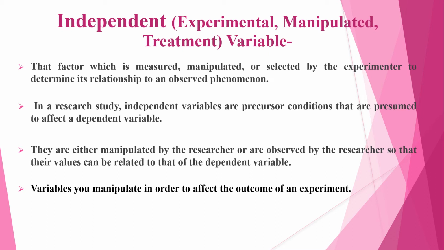So the independent variables are manipulated so that we can understand the effect of the independent variable on the outcome of an experiment. The outcome of the experiment tells us about how the dependent variable changes by treatment of the sample with the independent variable.